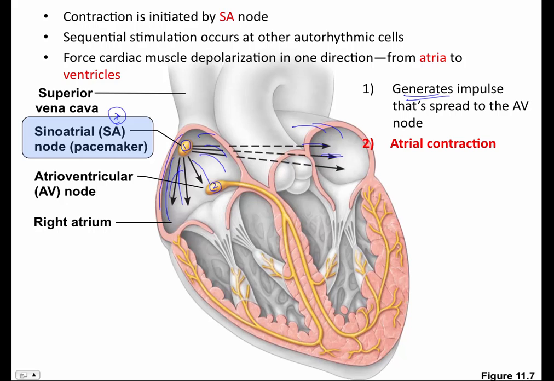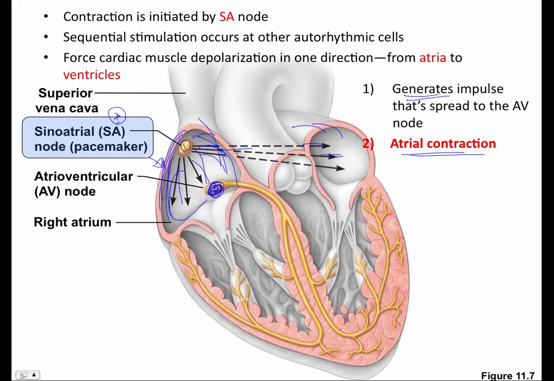Once it reaches our atrioventricular node down here, what culminates at the end of this is our atria are going to contract. So all of this has been stimulated, we now relay that stimulus down here. At the end of that, we're going to have atrial contraction.